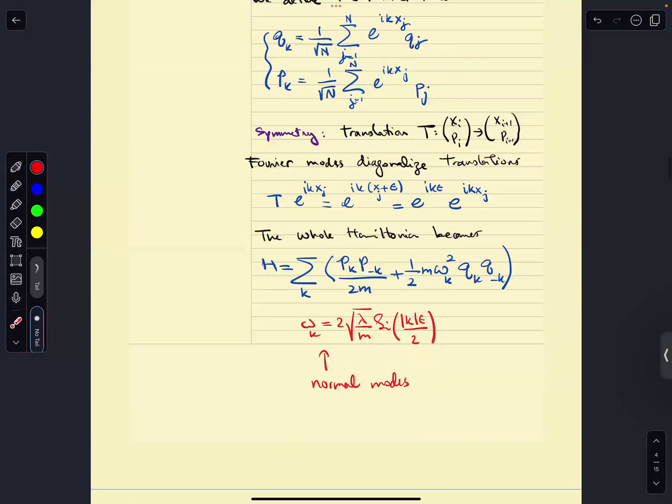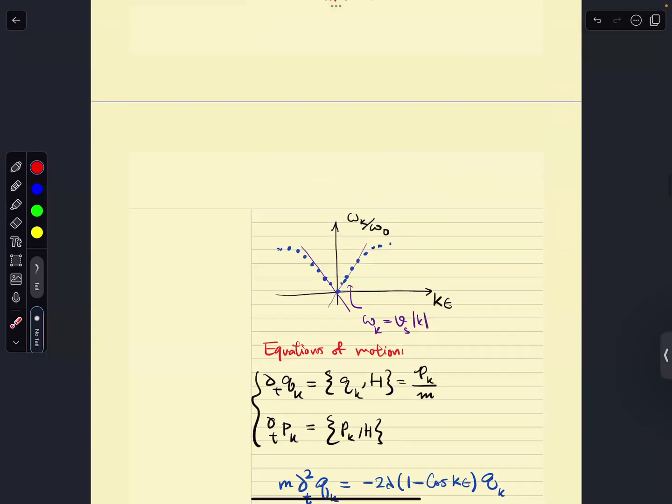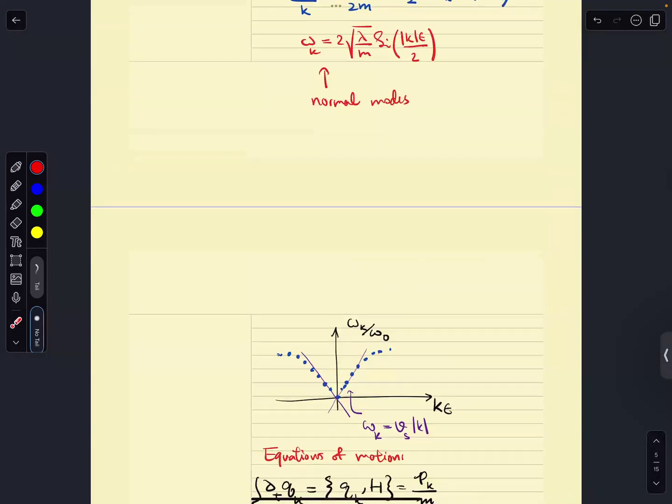This has a name: it is the dispersion relation. Let's plot it. We're going to compare omega of k to omega of 0. Omega of 0 is the energy that corresponds to the mode with zero momentum, and omega of k is the energy of the mode with momentum k.